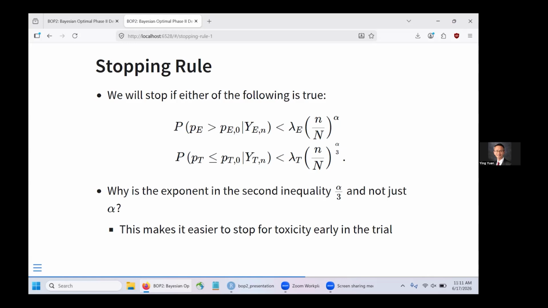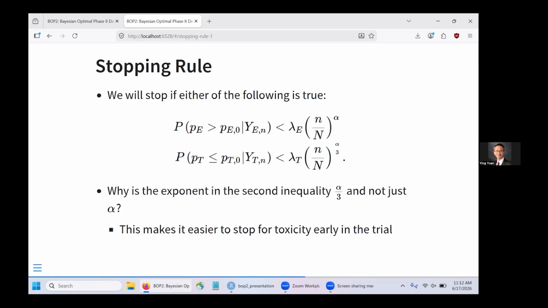The reason is that if you have a very strict early stopping rule, it will affect the power, because along the way you will make incorrect decisions, stop the trial, and that leads to lower power. So intuitively, in order to maximize power, statistically we push the boundary a little more relaxed.